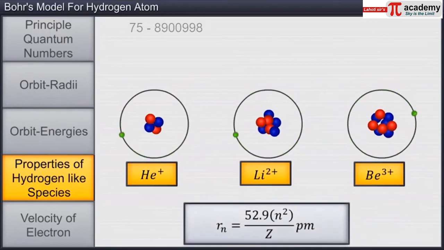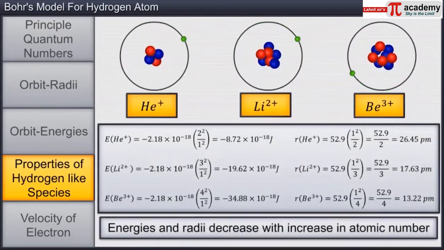The orbit radii of these ions is given by the expression rn equal to Bohr's radius multiplied by the square of the principal quantum number divided by the atomic number. From the orbit energies and radii equations of hydrogen-like ions, it can be deduced that with increase in Z, the value of energy becomes more negative and the radius becomes smaller.